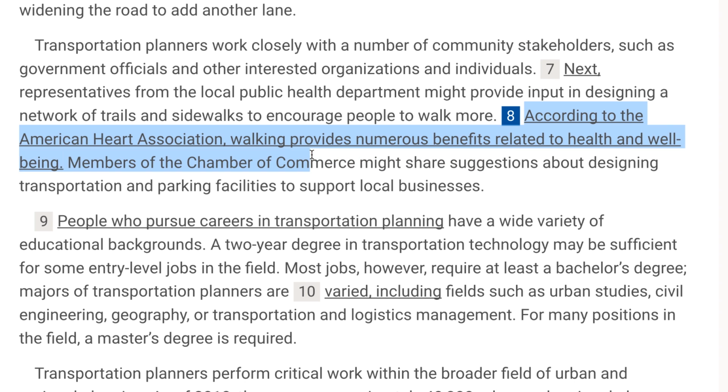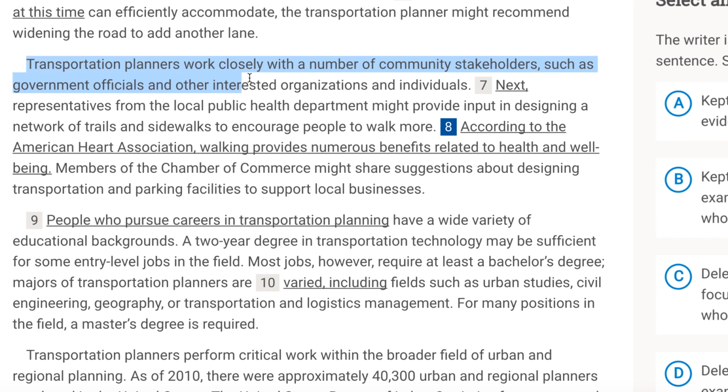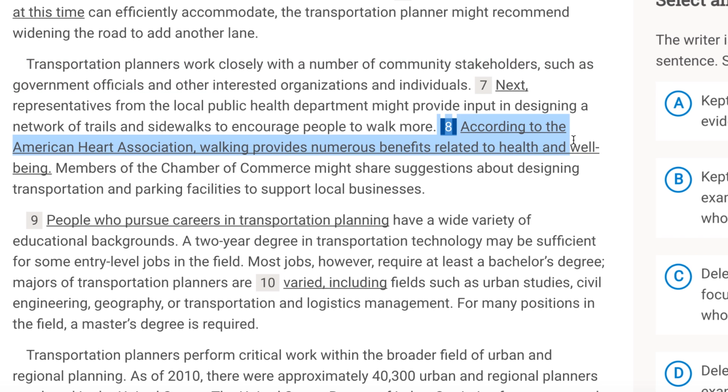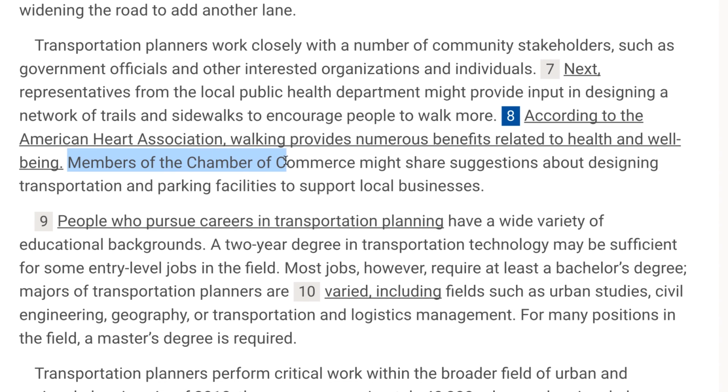According to the American Heart Association, walking provides numerous benefits related to health and well-being. So this really feels out of place to me, just instinctually. This seems to be all about transportation planning and the steps to planning new transportation routes. And this is just randomly about how walking is healthy. Then we have members of the Chamber of Commerce might share suggestions about designing transportation and parking facilities to support local businesses.